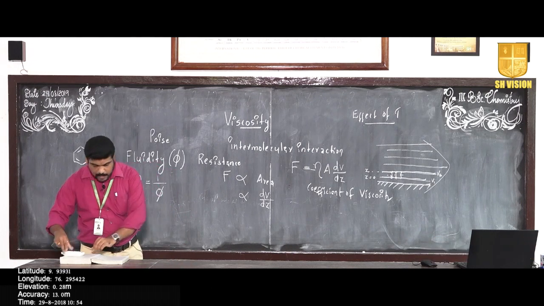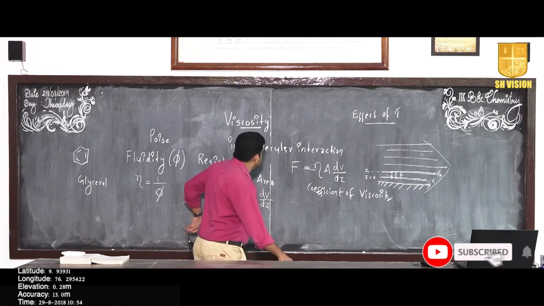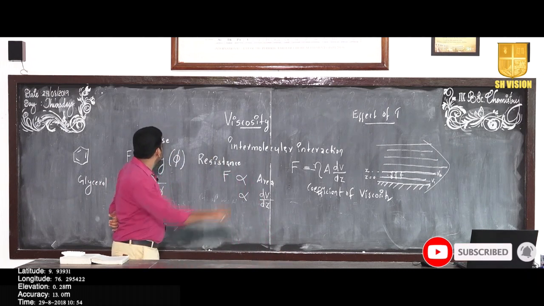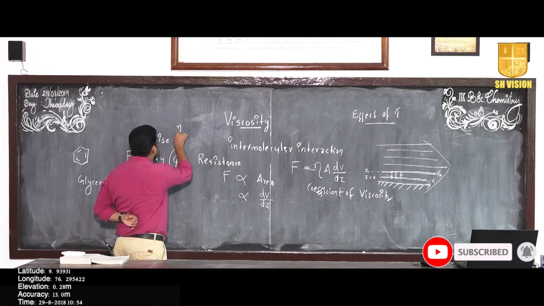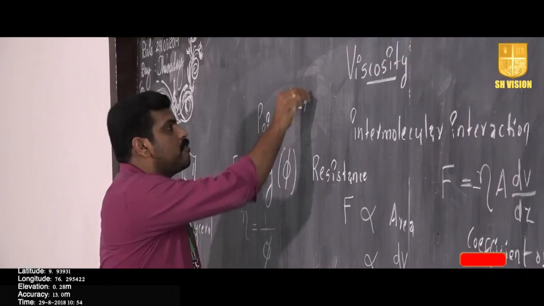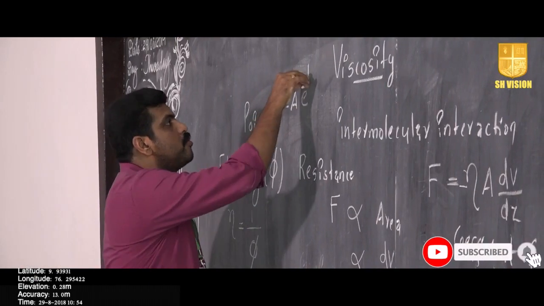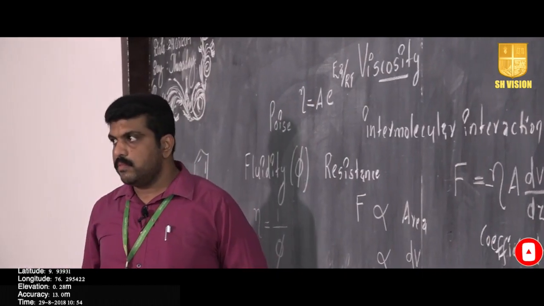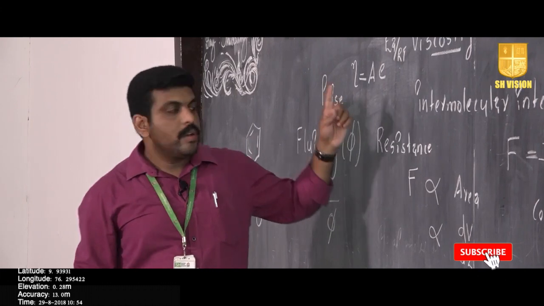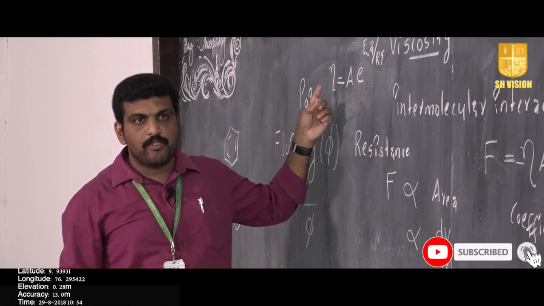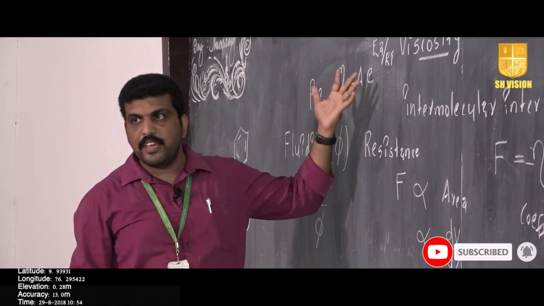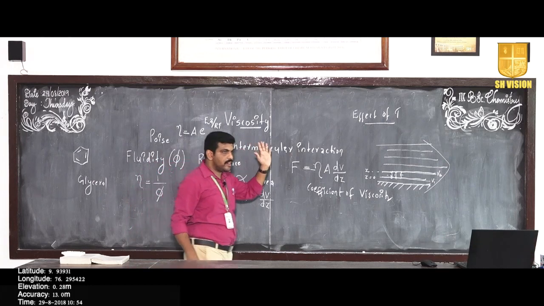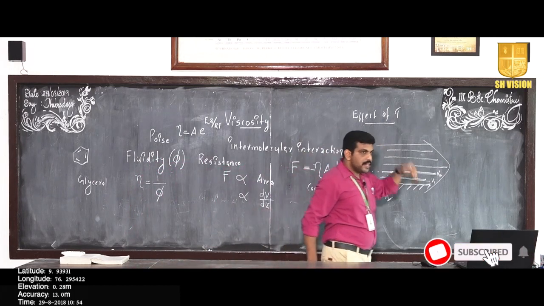And that can be expressed by the equation, eta is equal to constant A into e raised to E_A by RT. Eta is the coefficient of viscosity, A is a constant, T is the temperature. If you increase the temperature, automatically the viscosity decreases.